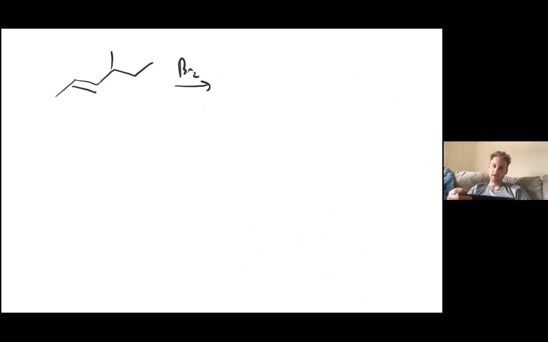So if I was to draw the anti or the normal product of this, I would want to draw it like this here. If I start rotating bonds, I'm going to end up with something different.